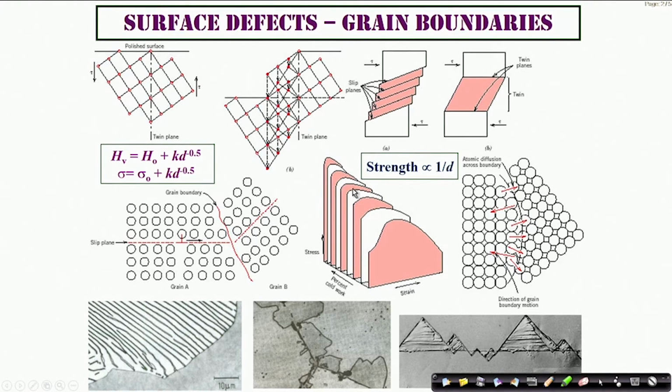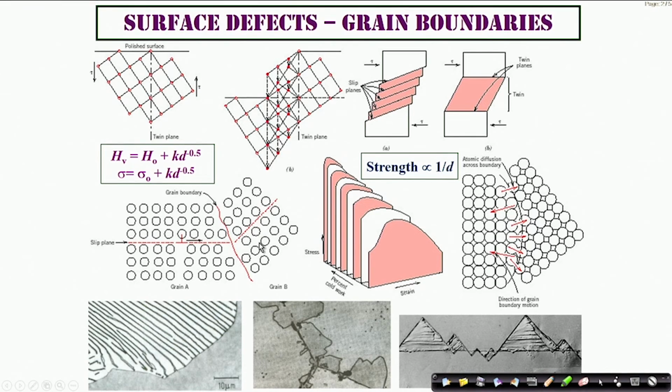For example, if you consider this to be one part of the crystal and this is another part of the crystal, you clearly see that the orientation here is different from the orientation on the crystallite on the right. So this is a line which will delineate the differences in orientation, and hence this will be called a boundary.